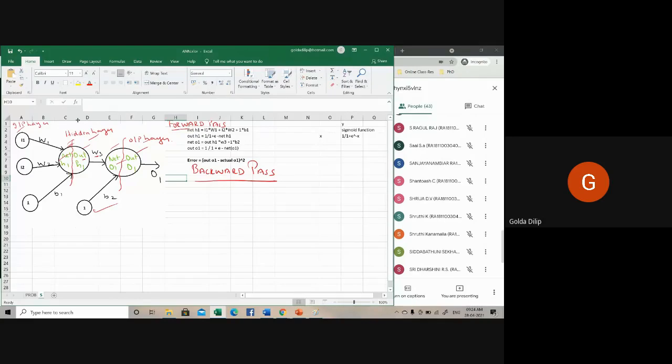Here we make use of what are called partial differential equations. I think the curly symbol is used for it, but as of now we'll just use the letter D rather than that. These differential equations are taken care of by what is called the chain rule.